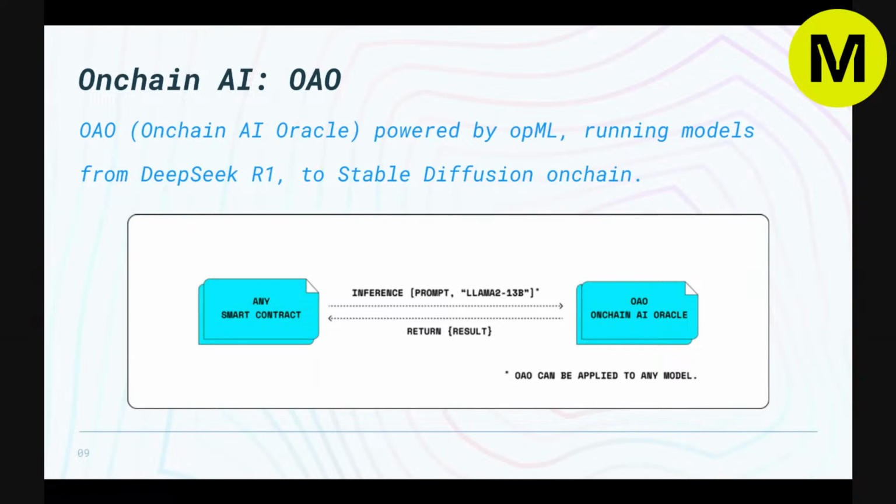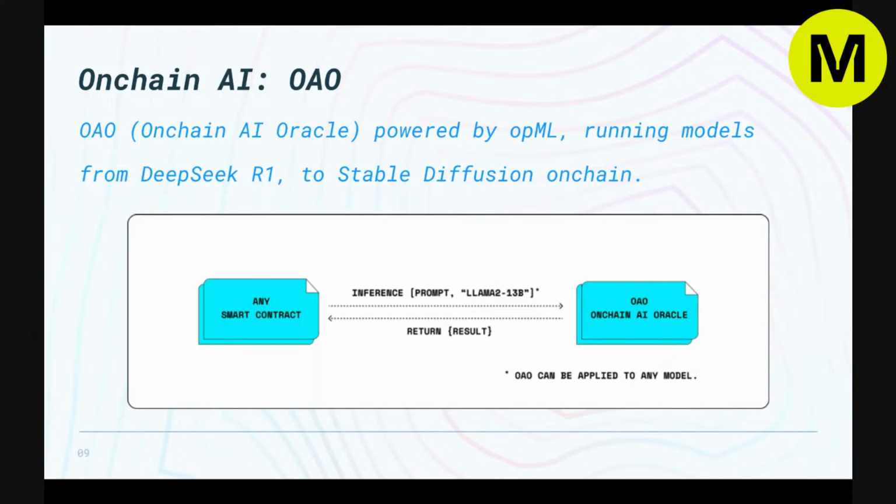Our on-chain AI Oracle is more of a pull-based Oracle, where every time you want something, you send a request to our on-chain AI Oracle, and for this individual inference, you get your response. Every time you want some data, you pull it from the Oracle.